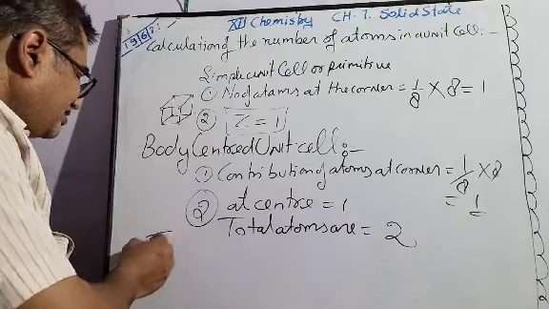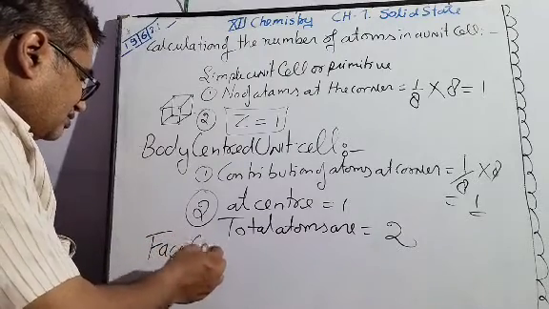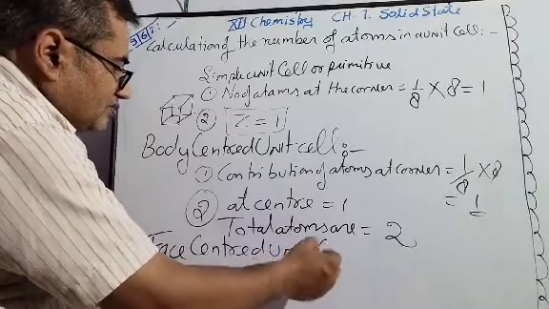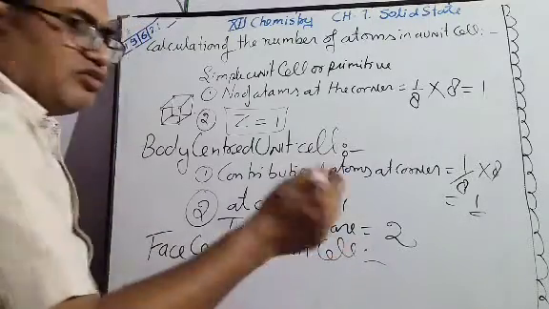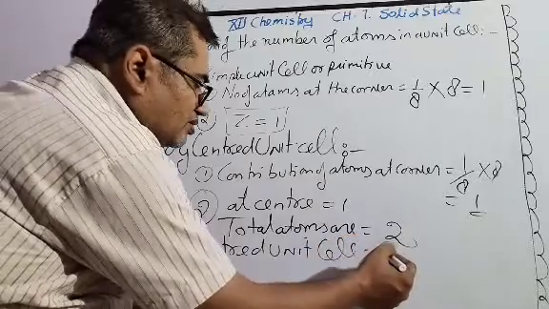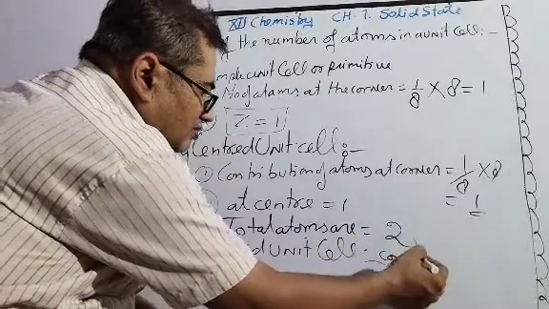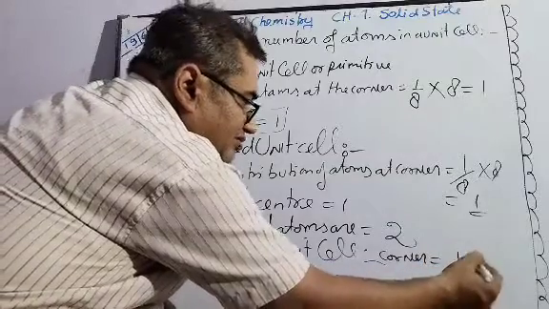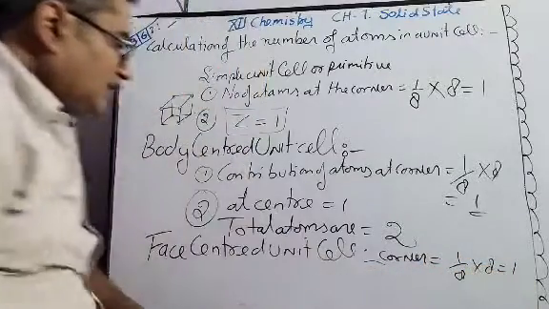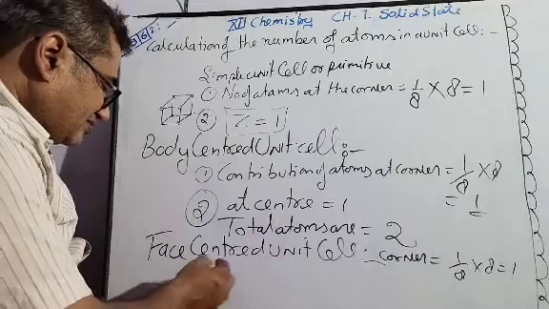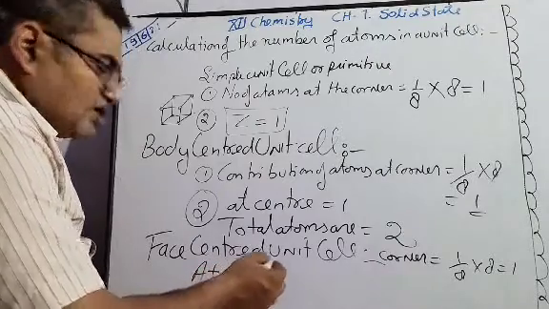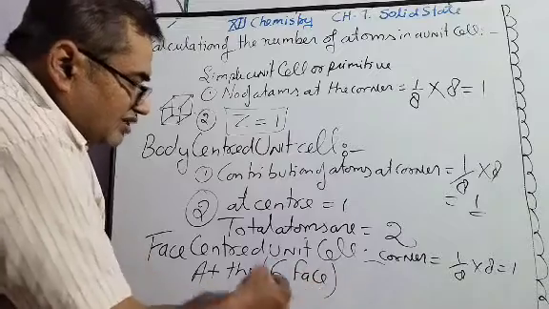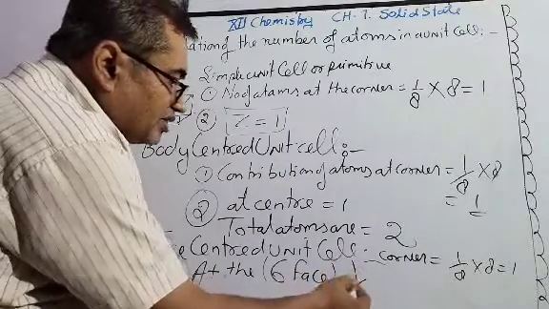For the face centered unit cell, everyone knows the contribution of the corner is only one atom. At the faces, how many faces are there? Six faces. What is the contribution of an atom at each face? 1/2.